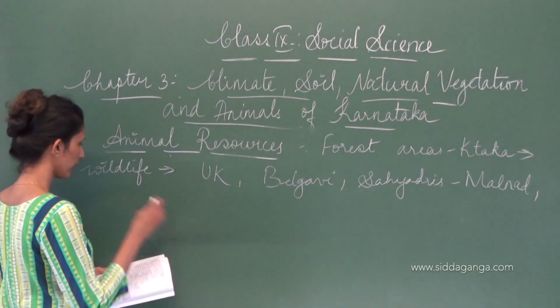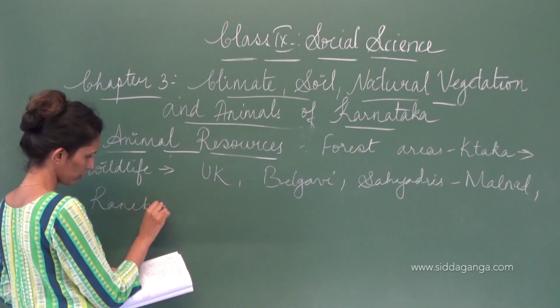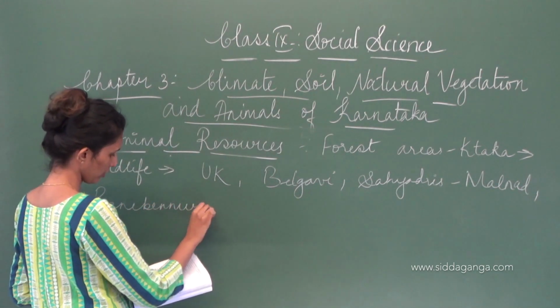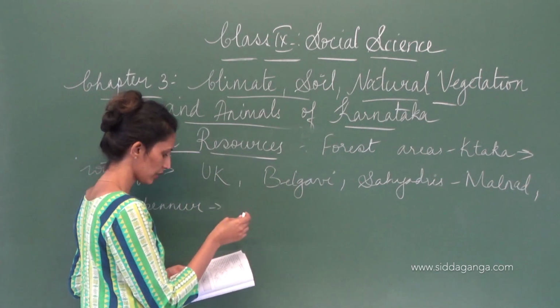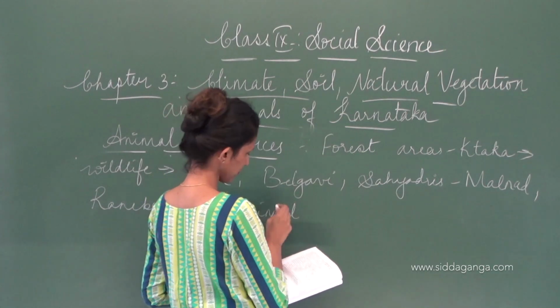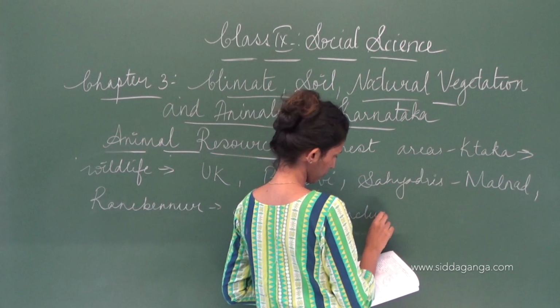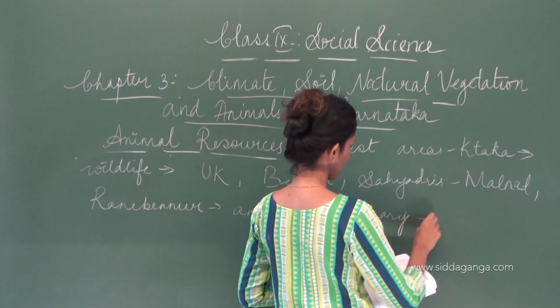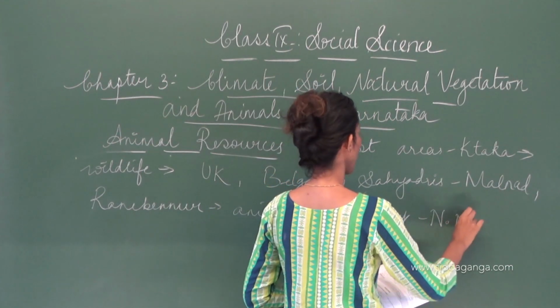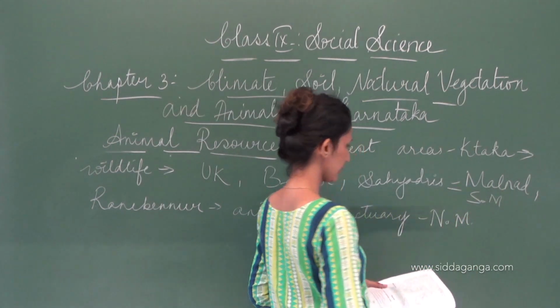Now, in the northern Maidan, Ranebennur is one of the main animal sanctuaries. This corresponds to the southern Maidan, that's the southern part.